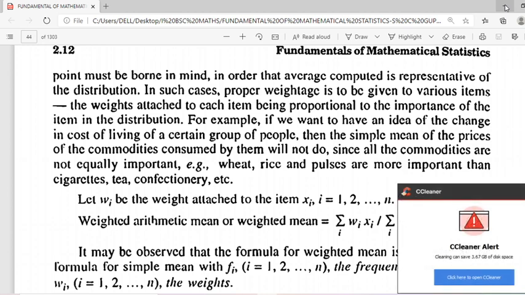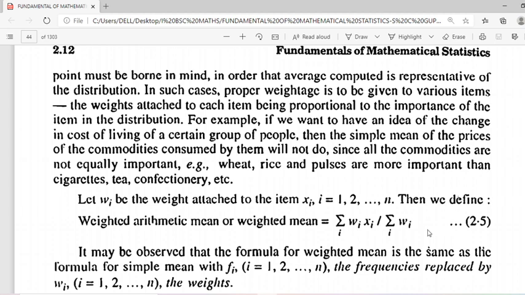The formula for calculating the weighted arithmetic mean is given here, equation number 2.5.